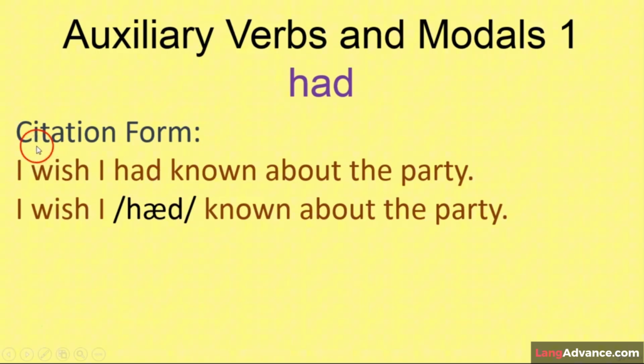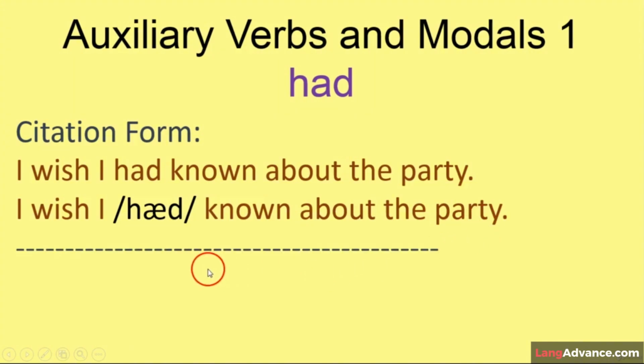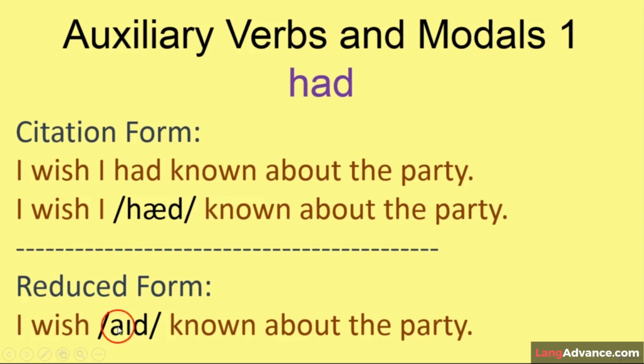The word had: we have the letter H, then the IPA symbol for a, and the letter D. I wish I had known about the party. In reduced form, we drop the sound of the H, and combined with I, we would just say I'd.